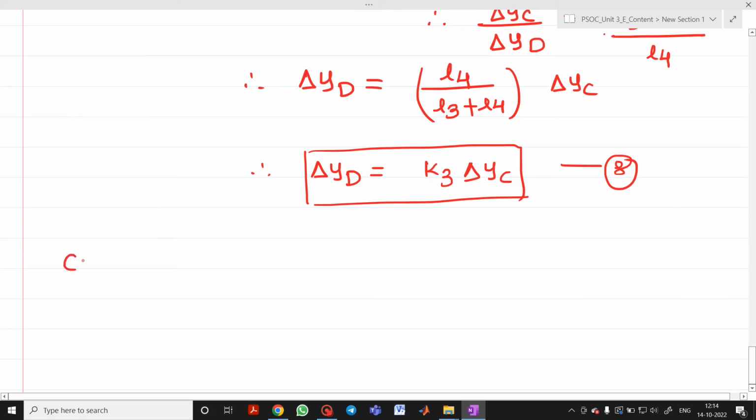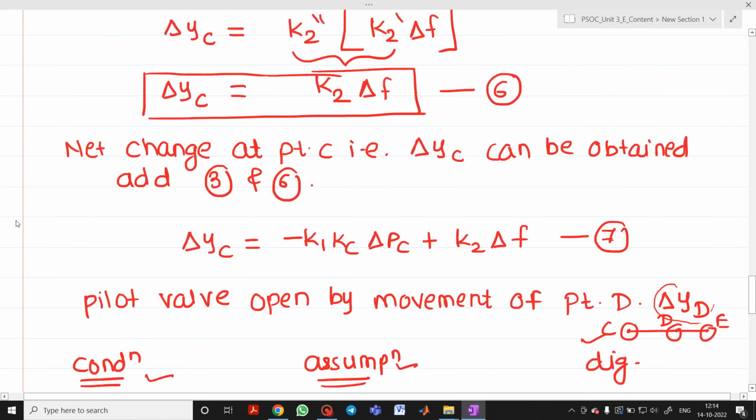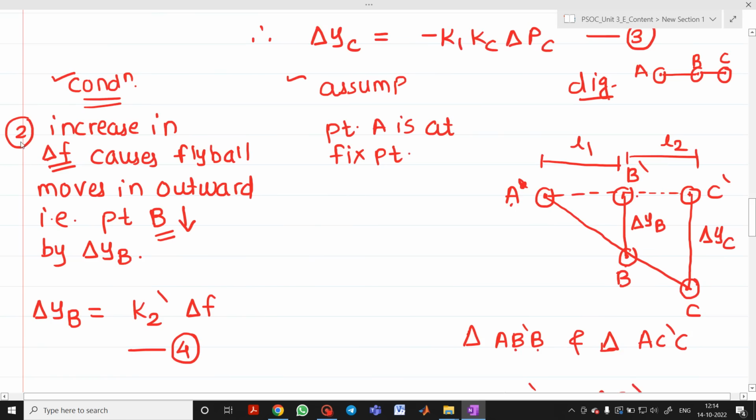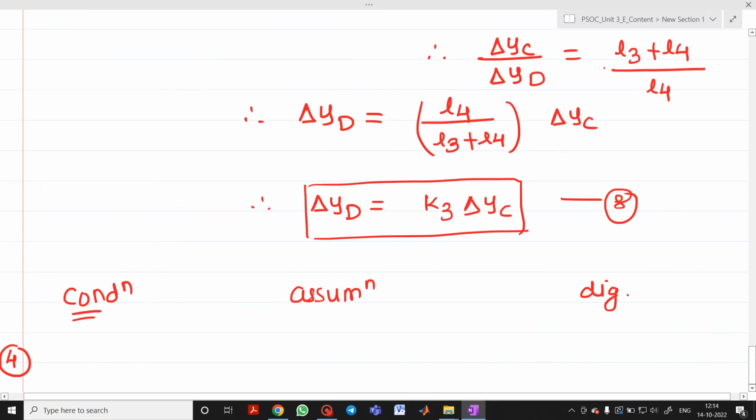And the last condition, assumption and the diagram. This will be your condition, this will be your assumption and this will be your diagram. The last condition, I will give it number 4. Here for this it was 3, previously it was 2. Have I taken this? Yes, I have taken. So let me write condition 4 now.